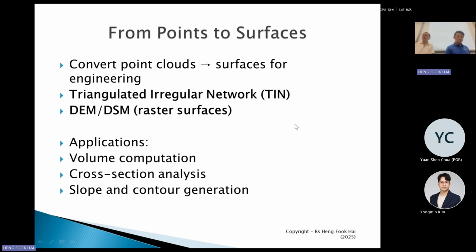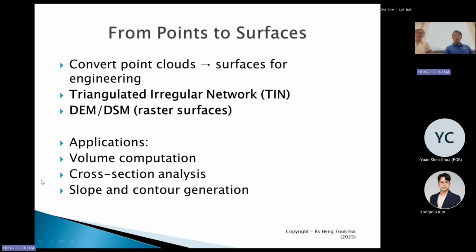So how do we convert after capturing all these point clouds? We need to convert them to certain formats that are readable and easily presented so that engineers can do their design on them. Then we convert all these points using certain software to create TIN.